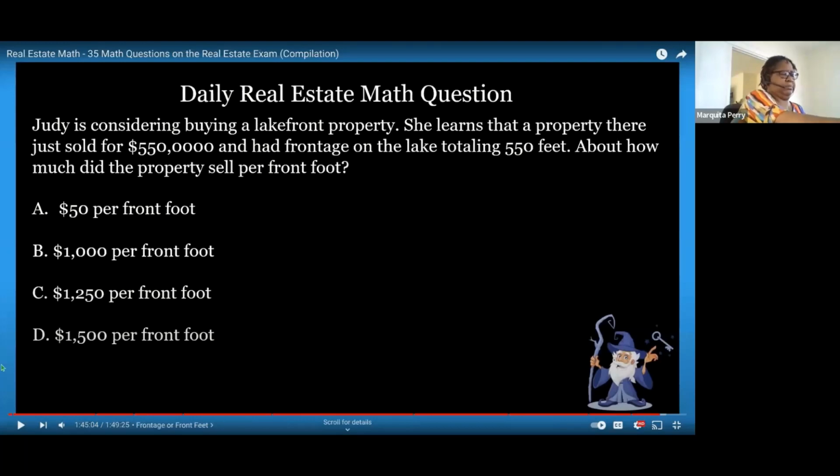That's right, 1,000. Easy math. 550 divided by 550. So 1,000.